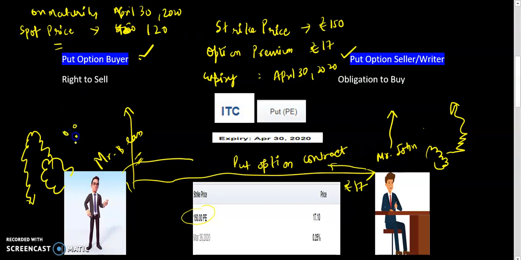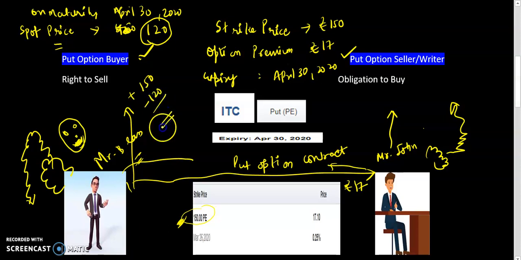Mr. Bean is happy. Mr. Bean is happy because Mr. Bean can exercise his right to sell the ITC share at 150 and can buy ITC share in the open market at rupees 120, which gives inflow to Mr.